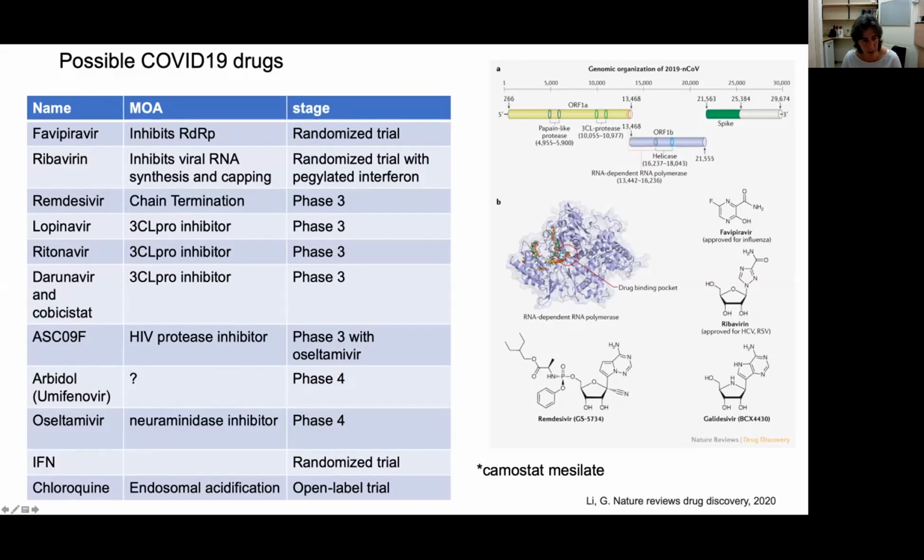There's one drug that was previously known as a drug for malaria, which inhibits endosome acidification and blocks the entry of the virus. All of these are in clinical trials. None of these was approved yet. Hopefully, these will be approved soon, and can at least help us alleviate some of the severe cases of this disease.